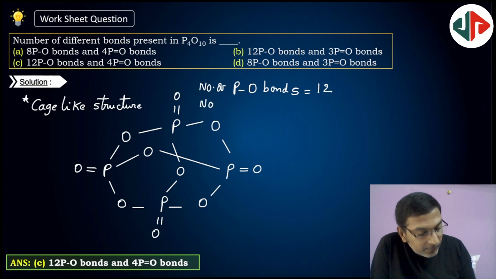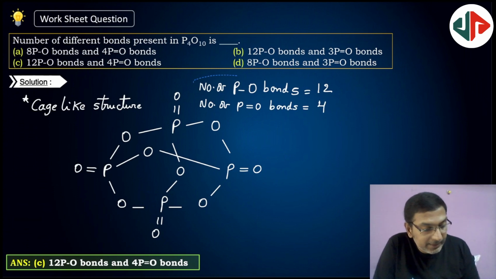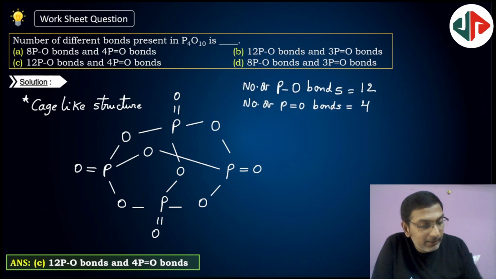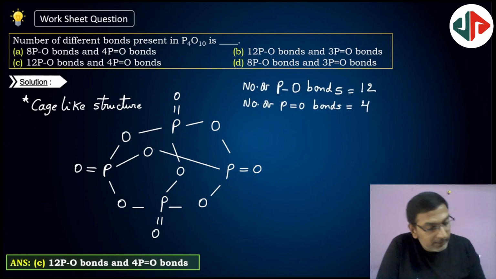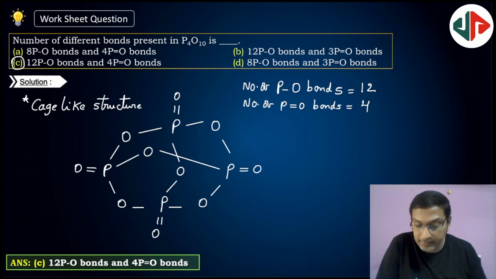Next number of P double bond equal to 4. So two types of bonds, P single bond O's and P double bond O's. So 12 and 4. Option C. Cage-like structure. Next.